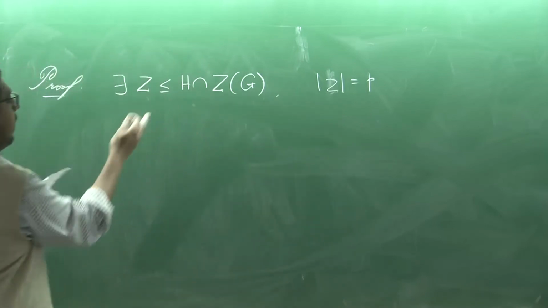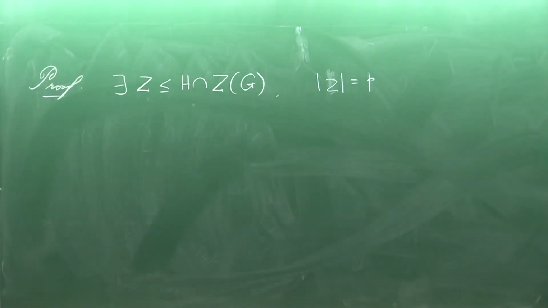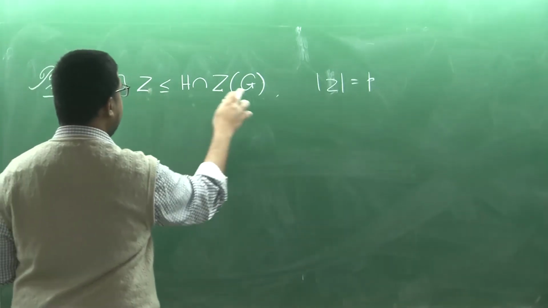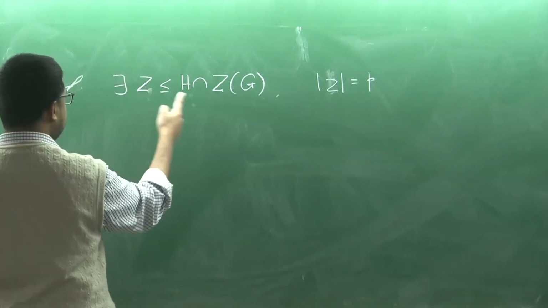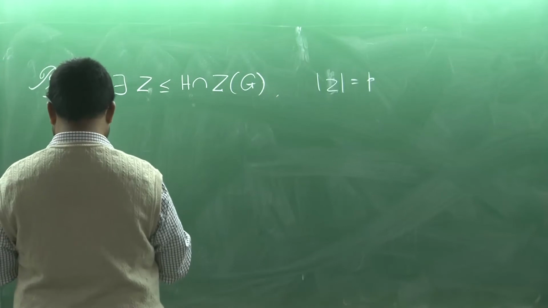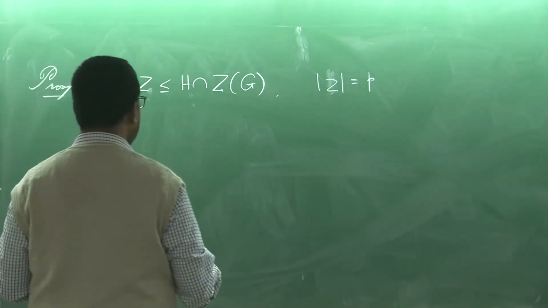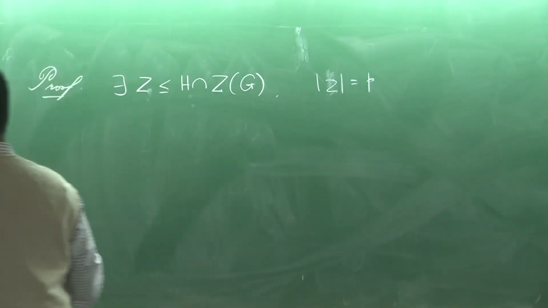The upshot is we can find a cyclic subgroup of order P contained in both H and the center of G. So, here H is non-trivial.